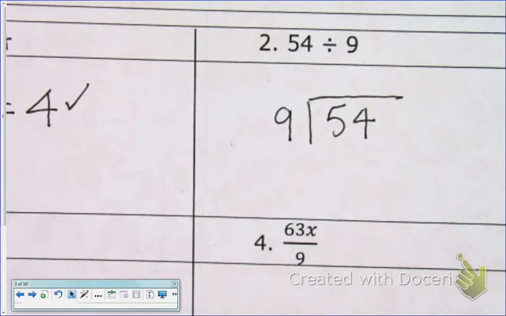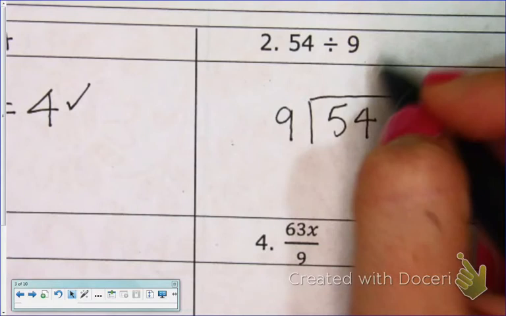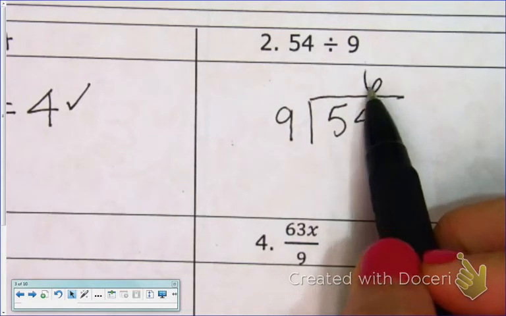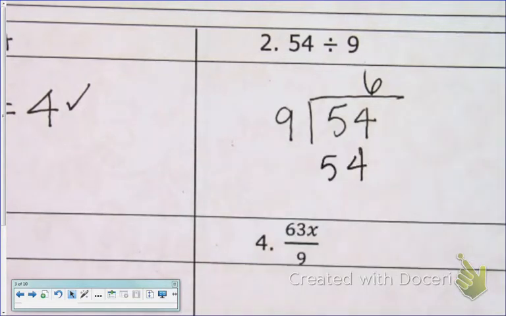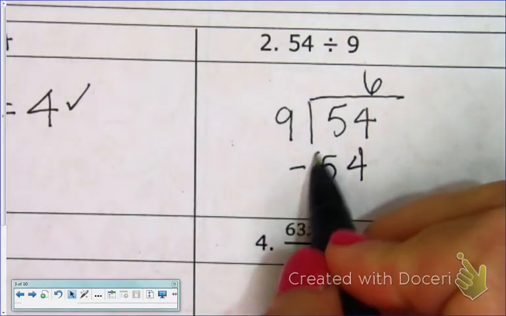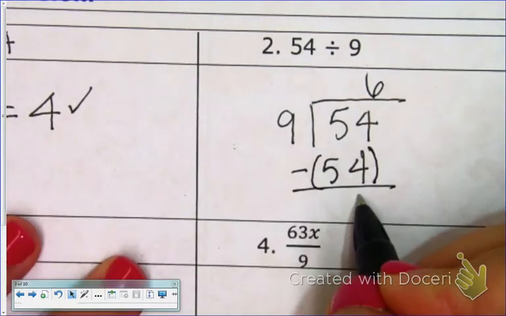No. How many times does 9 go into 54? 6. What is 6 times 9? 54. Okay. So, I subtract everything that I brought down, and that gives me 0.